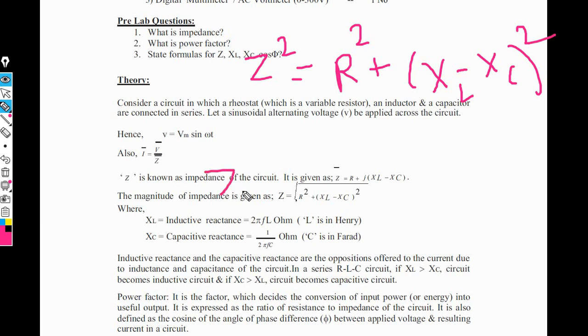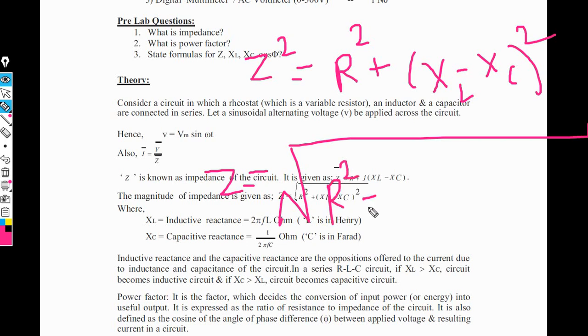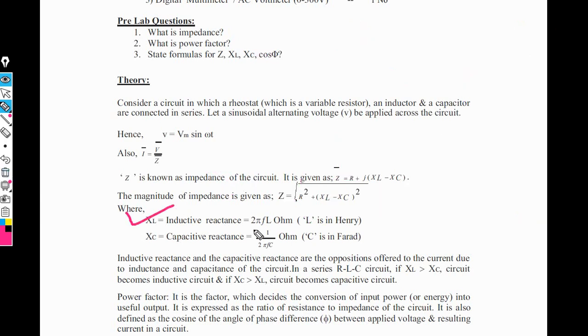Then Z is equal to the under root of R square plus XL minus XC whole bracket square. This is the important concept. Here XL means inductive reactance, that is XL is equal to 2 pi f L.